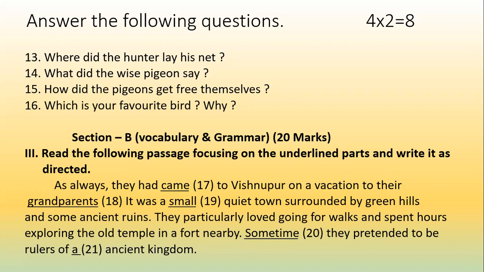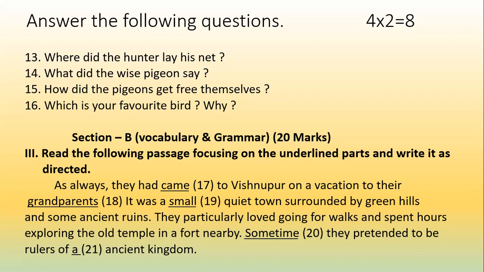So from your question, you have to remove the question part, how did, and start your answer. The pigeons got, in the place of get, the past tense word is got, free themselves by listening to the wise pigeon. They started to flap their wings along with the wise pigeon.